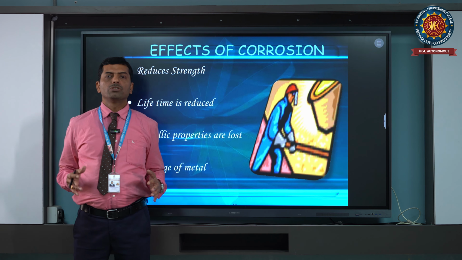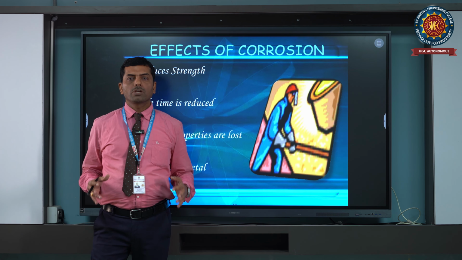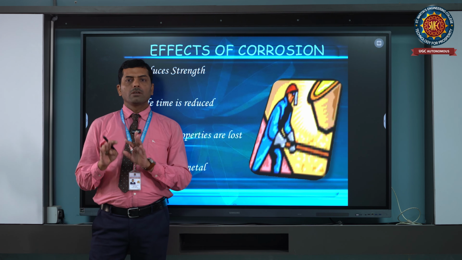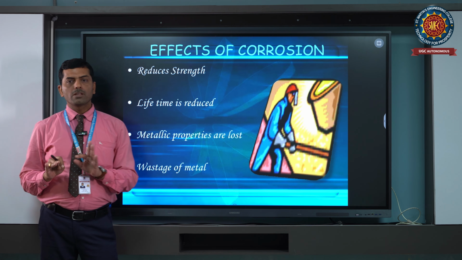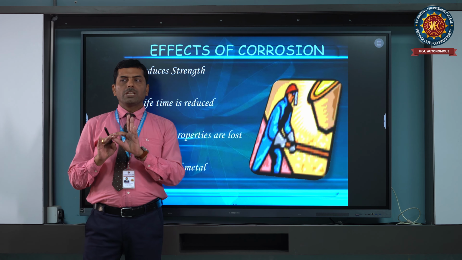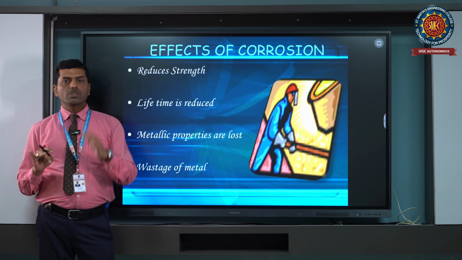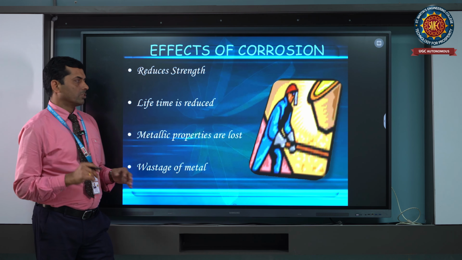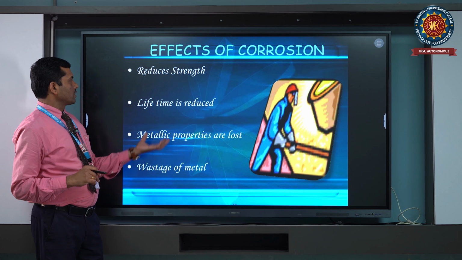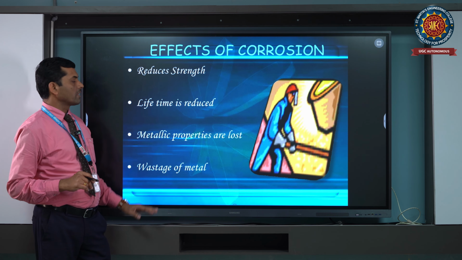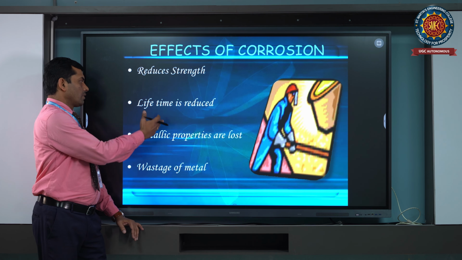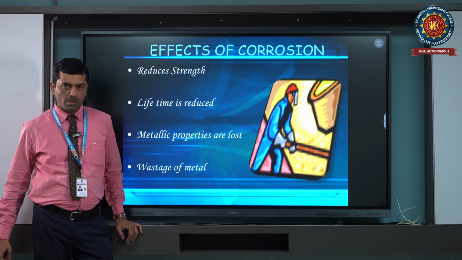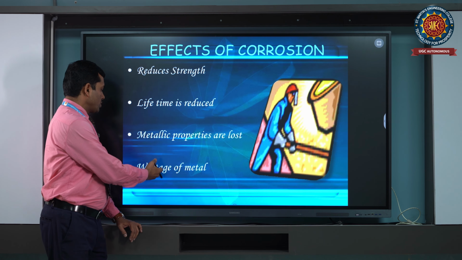We should have knowledge about the effects of corrosion because there is economic loss, there are health disadvantages, there is loss of historical monuments, and environmental damage. Apart from this, there is a reduction in the strength of the material, the lifetime is reduced, metallic properties are lost, and there is wastage of the metal.